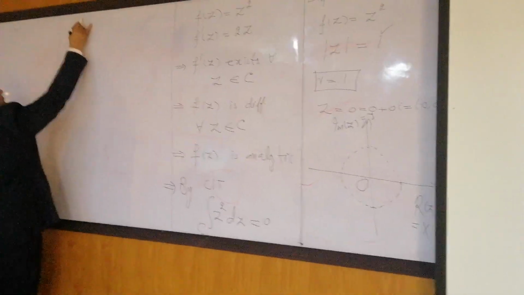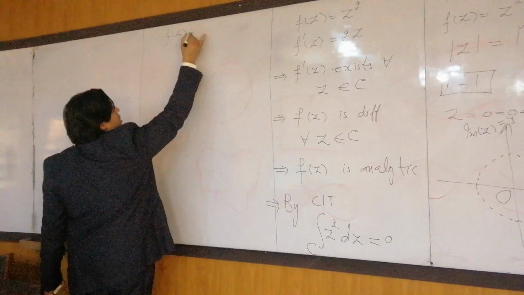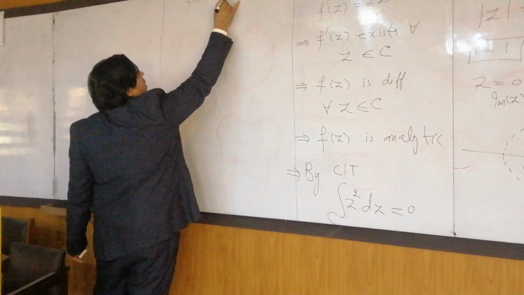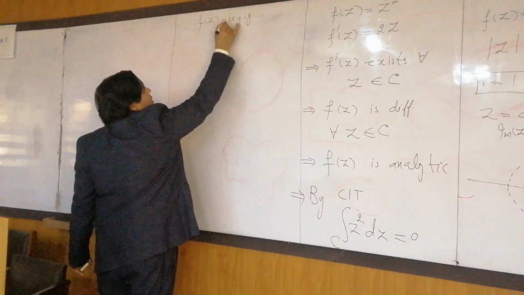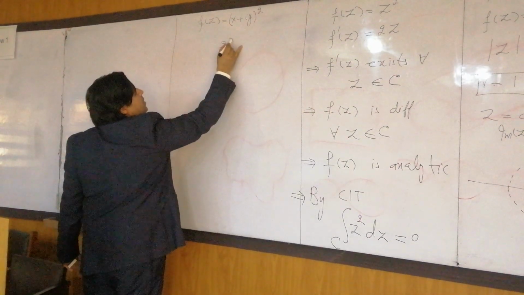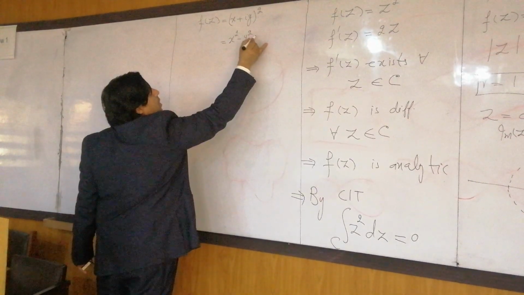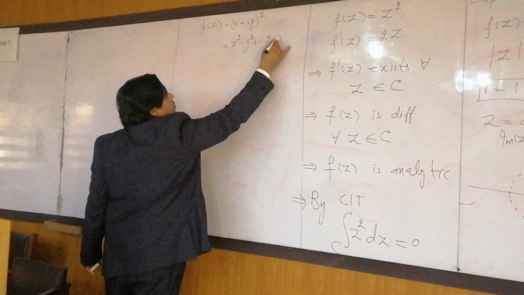So from the given function f of z, which is equal to z square, and z is equal to x plus iota y whole square, we have to just expand this. We get x square minus y square plus iota 2xy.